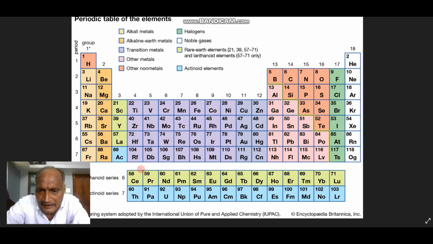In f block elements, there are two series, namely the 4f series called lanthanides and the 5f series called actinides, both consisting of 14 elements each. So this is regarding the classification of elements into s, p, d and f blocks.